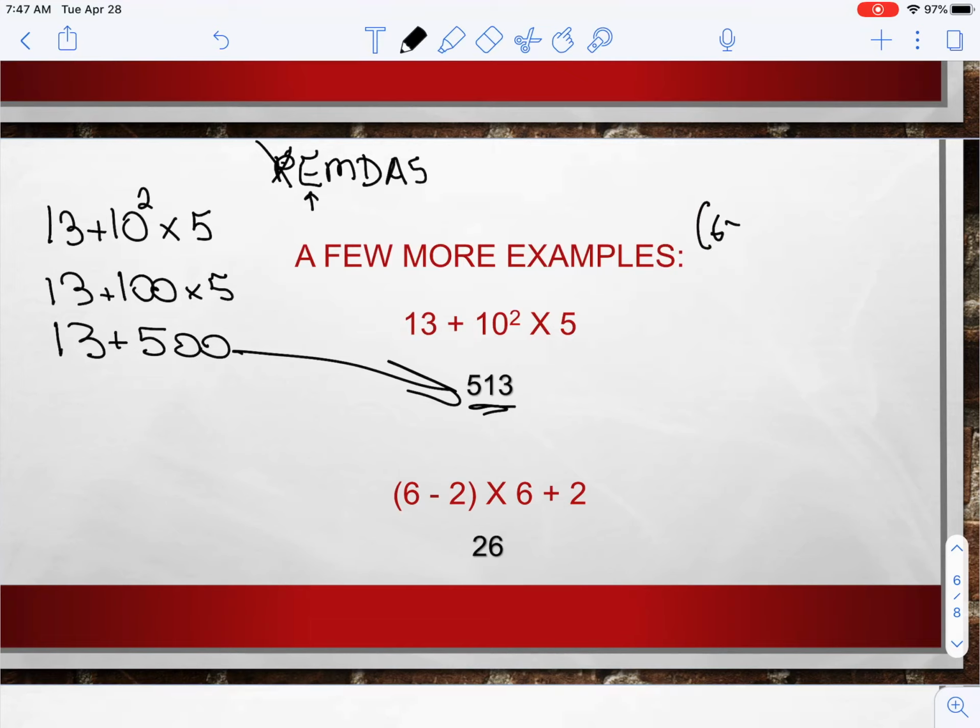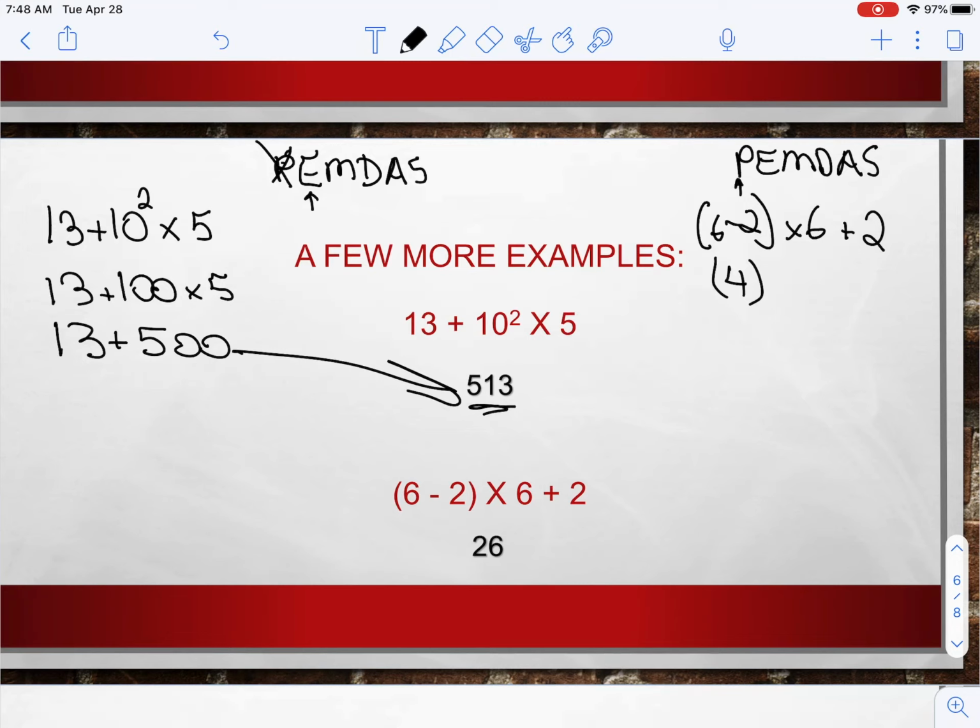Parentheses 6 minus 2, times 6 plus 2. Okay, PEMDAS. We have parentheses, so we have to do that first. So 6 minus 2 is 4. Times 6.